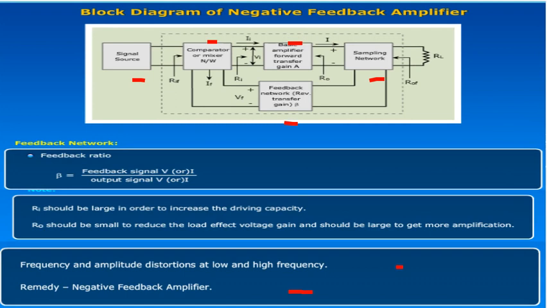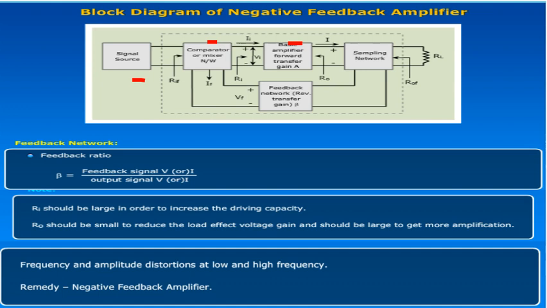The feedback network ratio beta is calculated as the ratio of the feedback signal, voltage or current, to the output signal, that is V or I. Here we have to remember that the input of the feedback network is from the sampling network, and the output coming from the feedback network is connected to the mixer network.